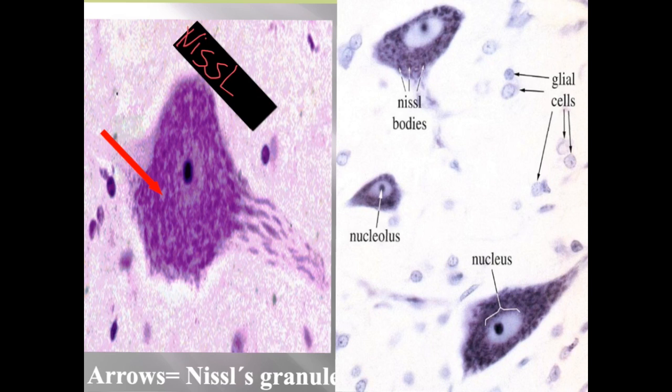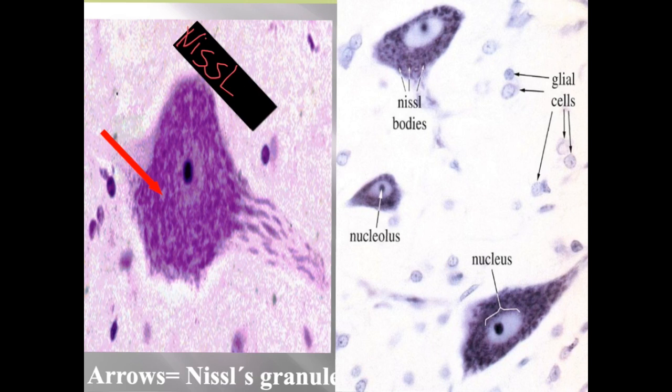Here you can see that the body of this nerve cell is showing processes, and it is mostly multipolar, as we have many dendrites as well as the axon. The nucleus is pale with an evident nucleolus, and the cytoplasm is full of basophilic granules called Nissl granules.